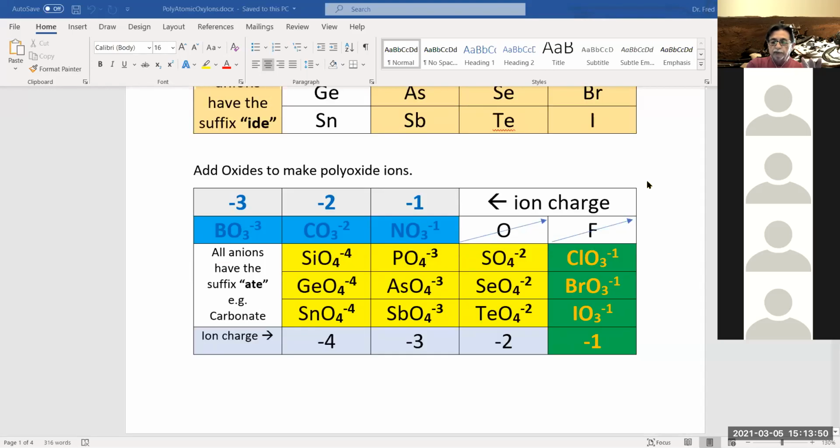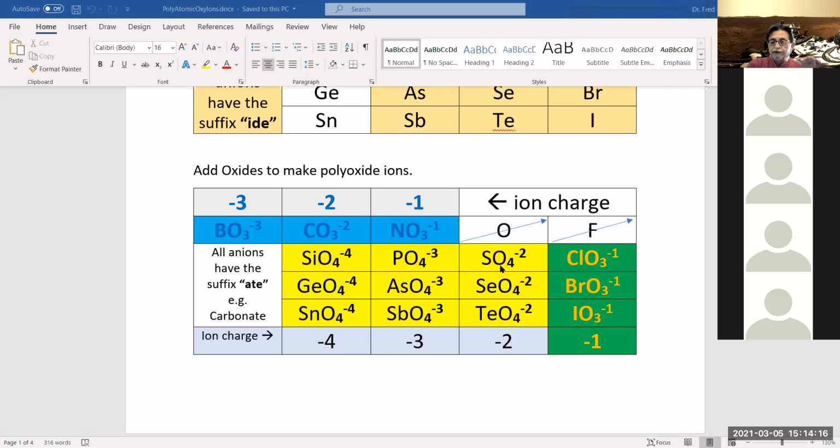It starts off with what we call the base polyatomic ion, oxy ion. Now, the ones in yellow, you've got silicon, tin, germanium, stannous, and so forth. The ones in yellow all have 4 oxygens, okay? And they also have the corresponding charge.